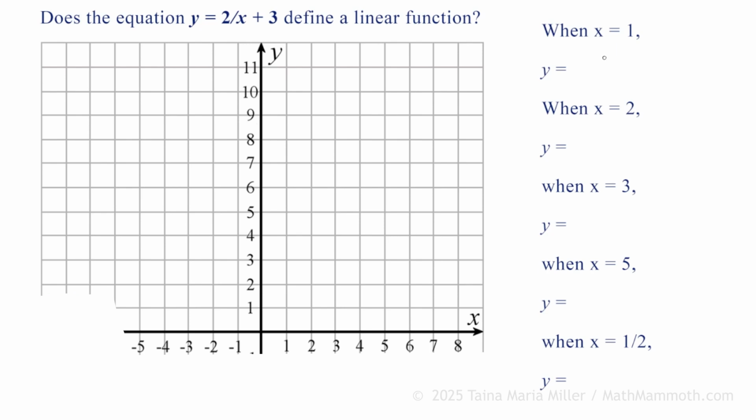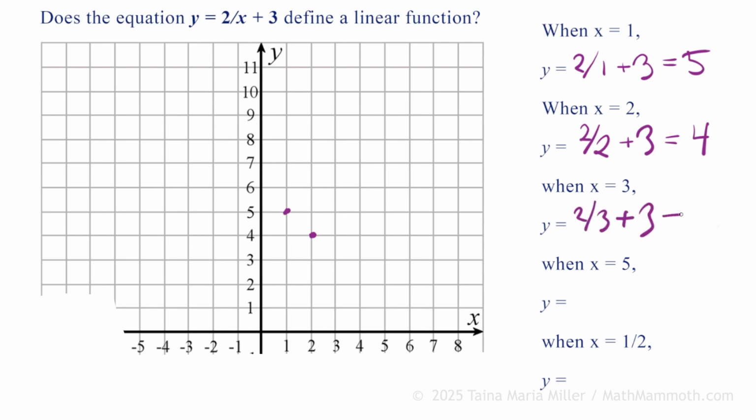When x is 1, then we get y equals 2 over 1 plus 3, so that's 5. So the point is 1 and 5. When x is 2, we get y equals 2 over 2 plus 3, which is 1 plus 3 equals 4. Okay, so it could be a line like that, right? When x equals 3, we get y equals 2 over 3 plus 3, which is 3 and 2/3.